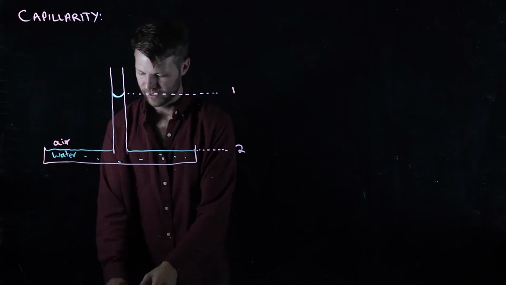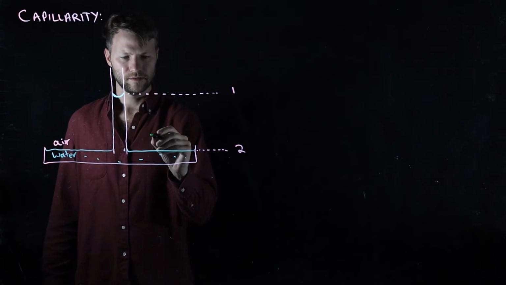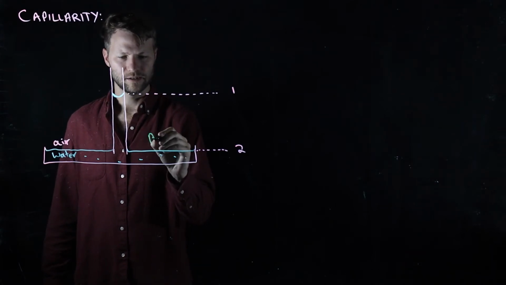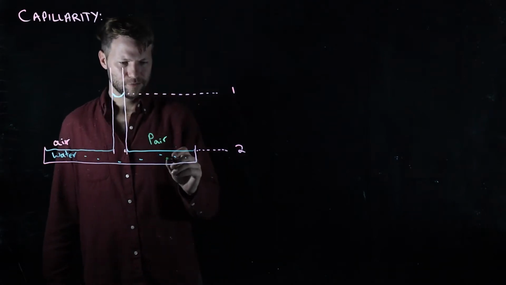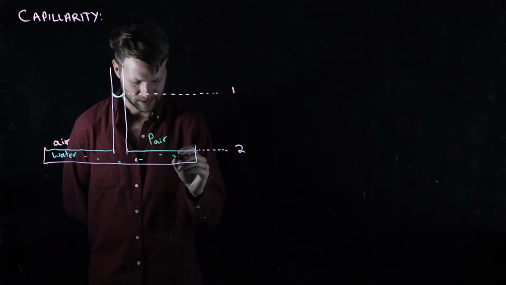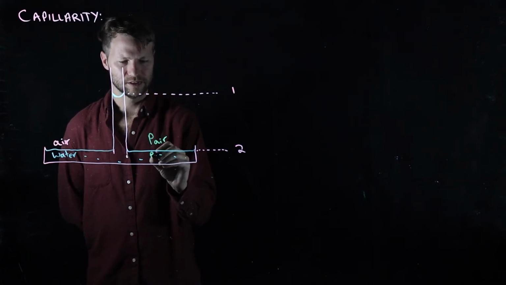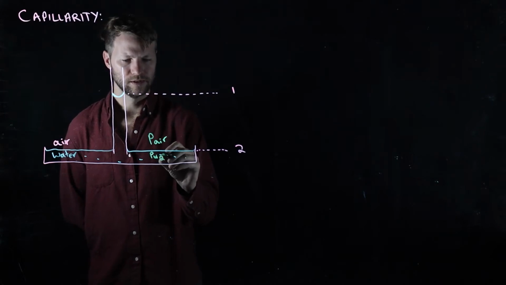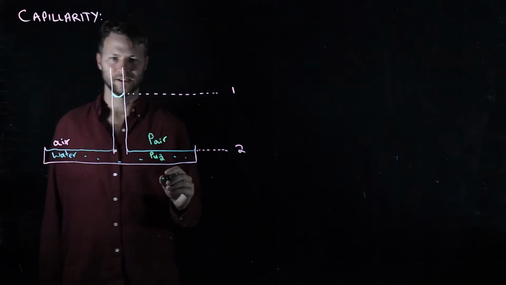We know, for example, that here the pressure is going to be air pressure, and therefore the pressure of the water here where it's horizontal, PW2, is basically going to be equal to air pressure because this is a long horizontal surface here.